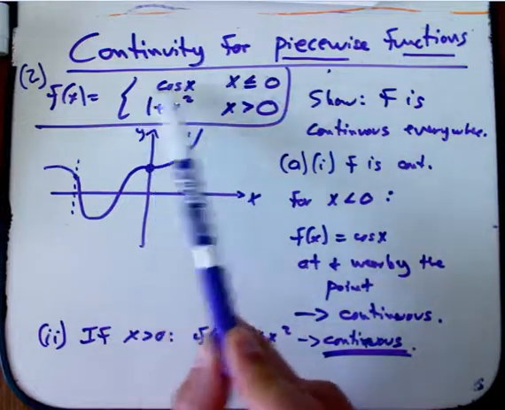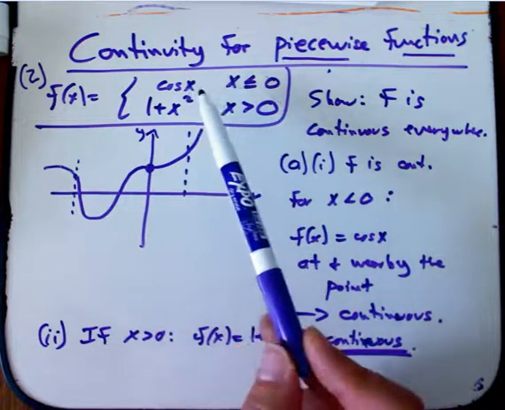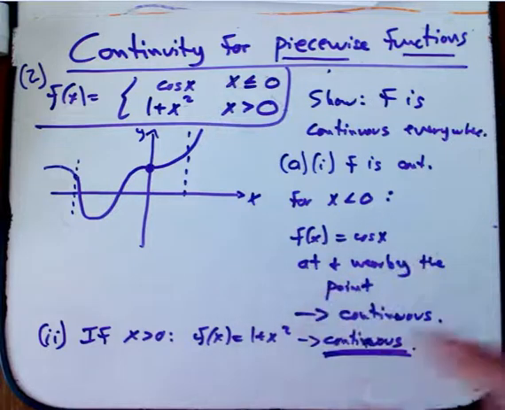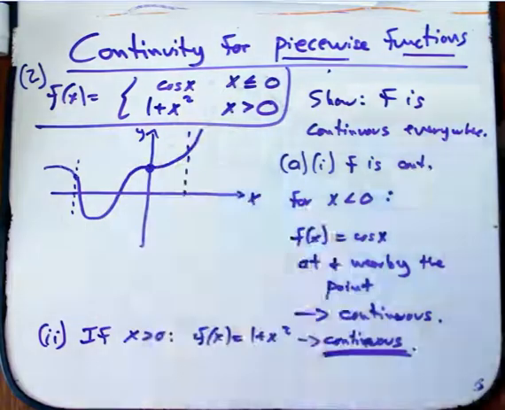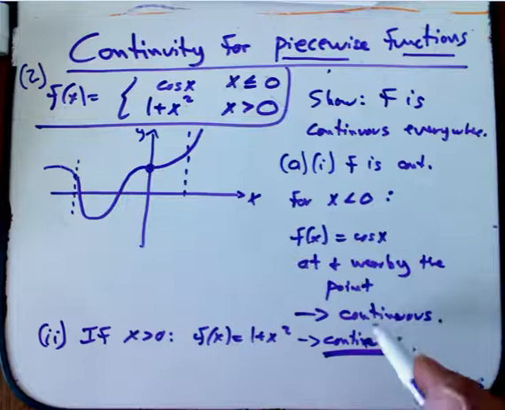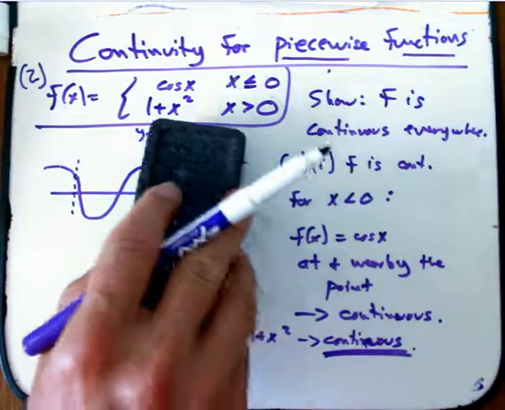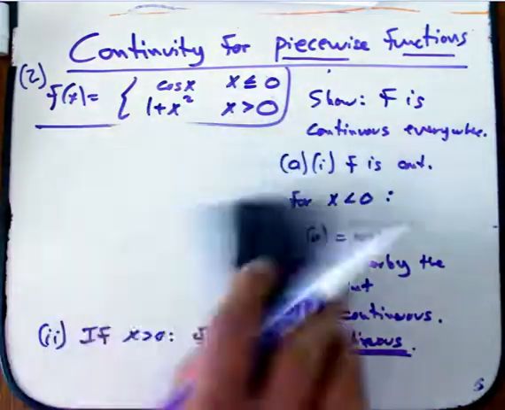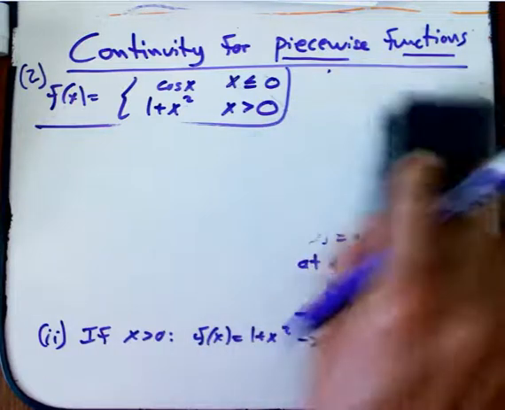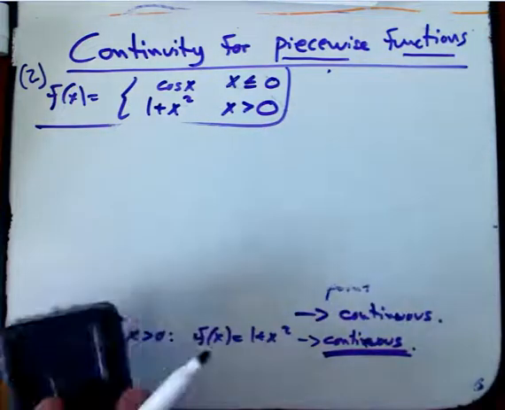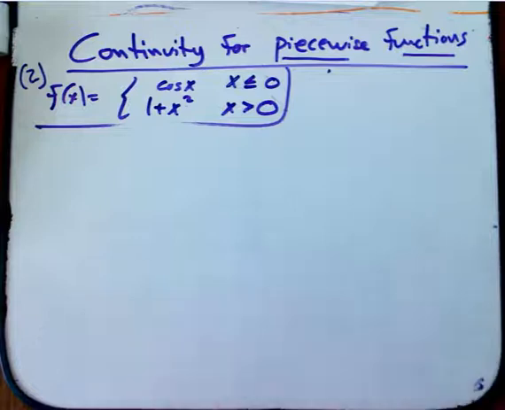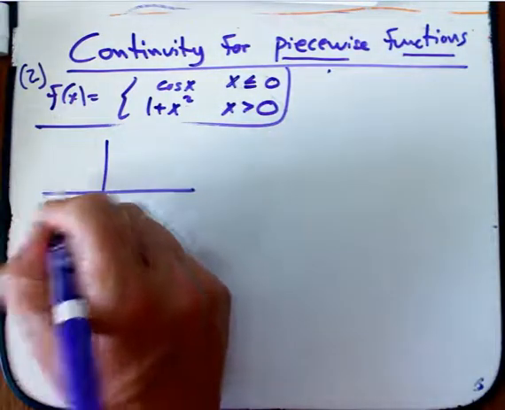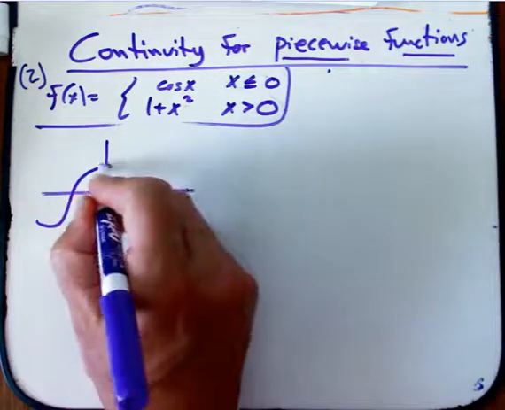Tangent x is undefined and has vertical asymptotes, infinite discontinuities at a bunch of points, at any odd multiple of pi over 2, and so you would get discontinuities there. So be careful here. Don't just assert, just because I have a formula or a name for it, that it is continuous. But these guys, cosine and 1 plus x squared, yeah, definitely.